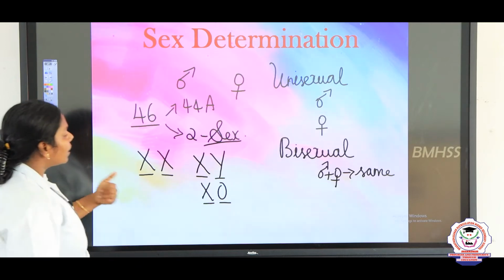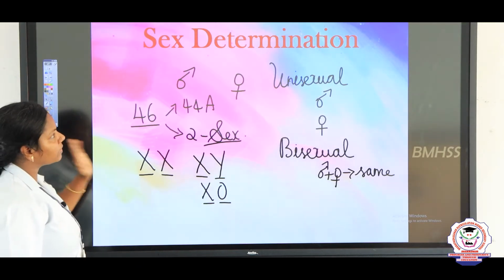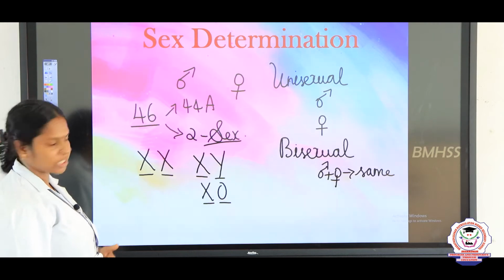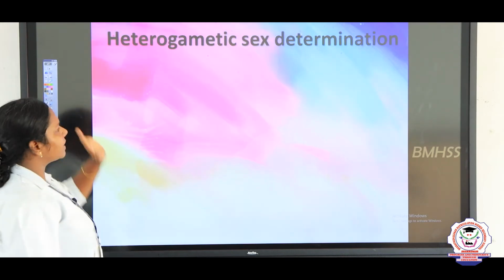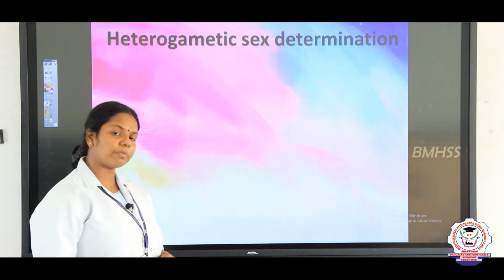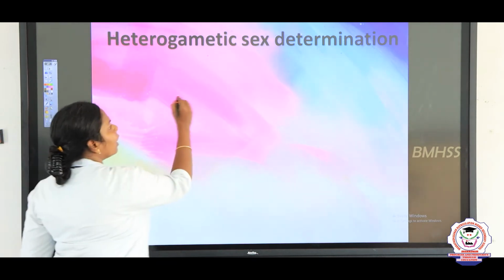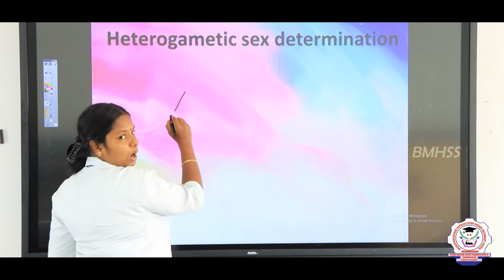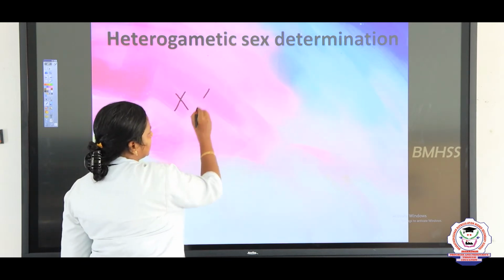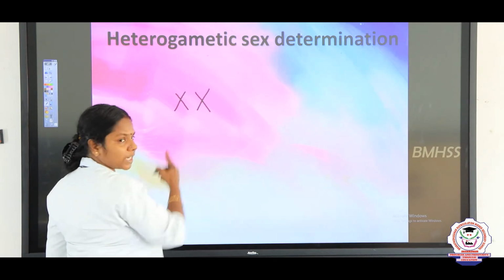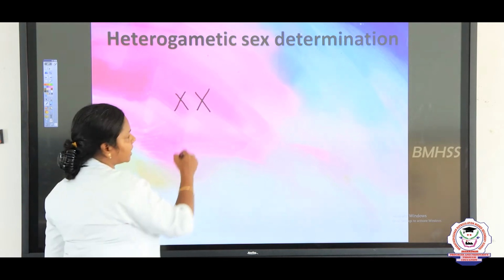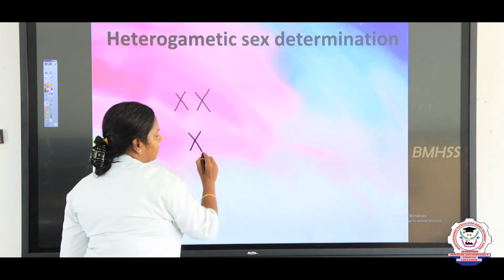So, now we are going to see different types of sex determination. Heterogametic sex determination. What do you mean by heterogamety? I said, children, any one of the sexes. For example, homogametic means what? Homomorphic. So, XX, just imagine it is homomorphic, and what will be the gametes produced from this? Only one type of gamete, X only.